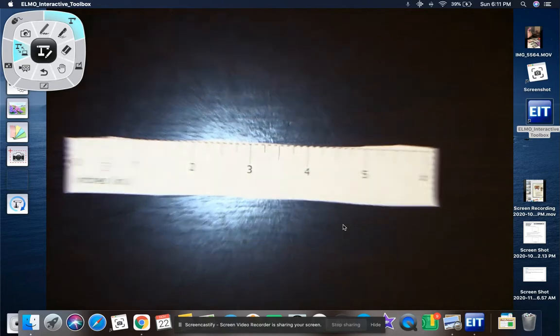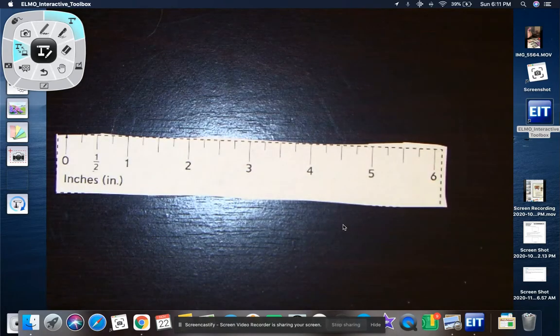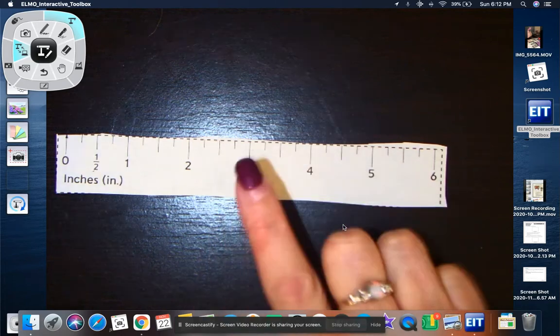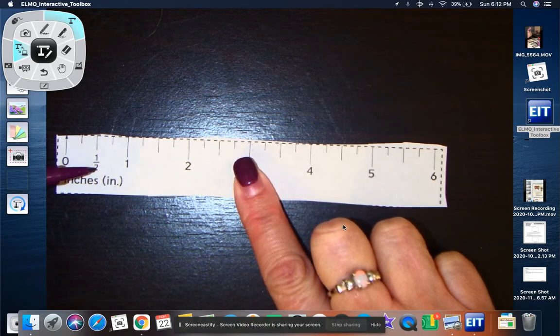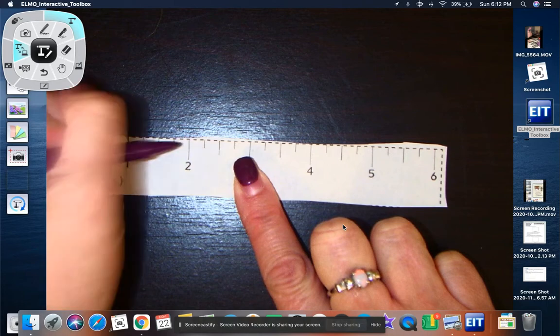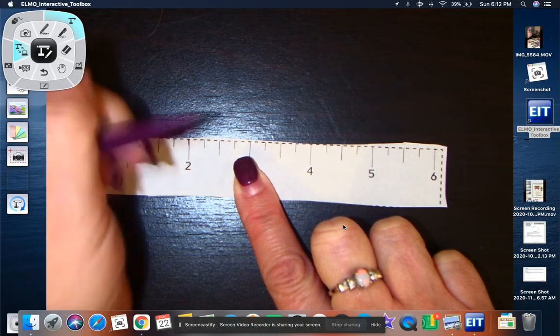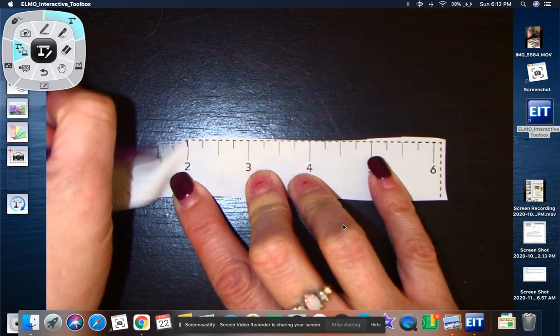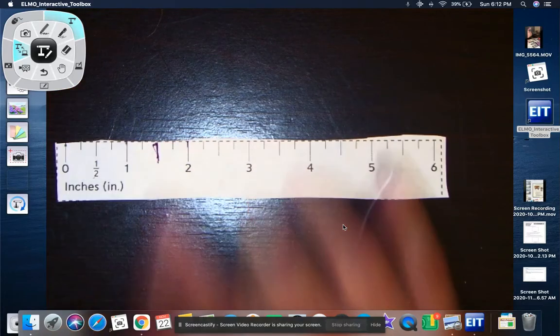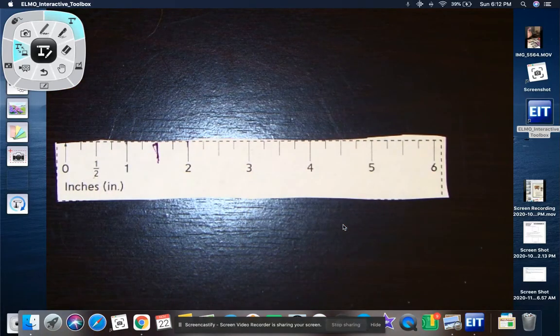Now, the next step that I want to do is to mark the half inches on my ruler, just like we have done in the past. So I already have 1/2 here, so I'm going to go, here's 1, here's 2. Right in the middle is going to be 1.5. So I'm going to mark that in a different color. I think I'm going to use my red marker.